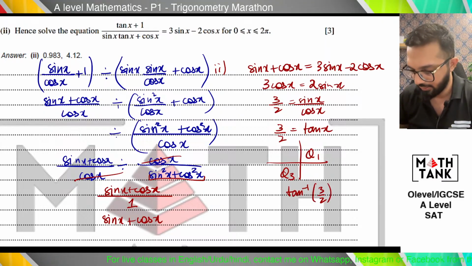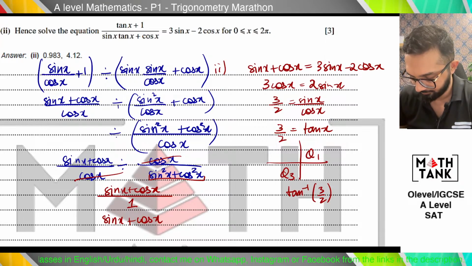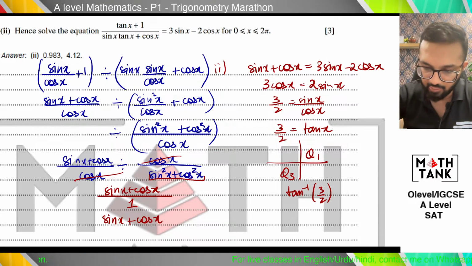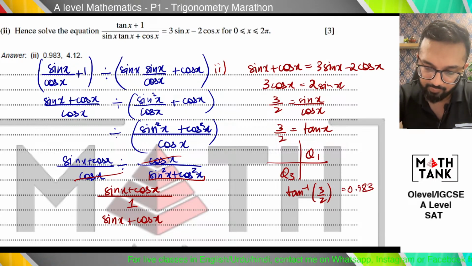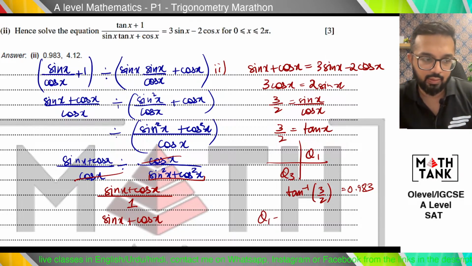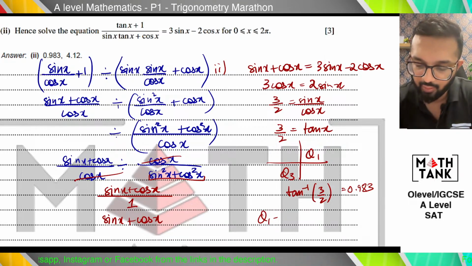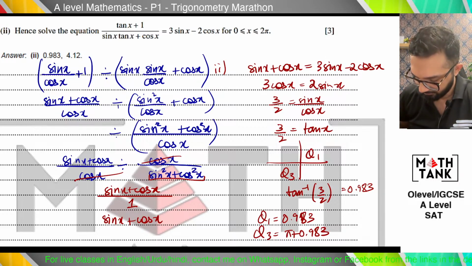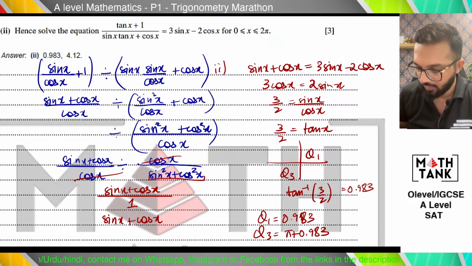I keep my calculator at radians now. Quadrant 1 is 0.983 and quadrant 3 is 5 minus 5 plus, 4.1.